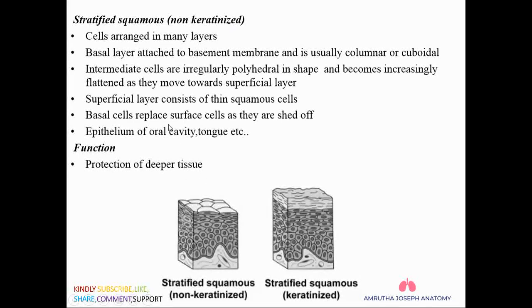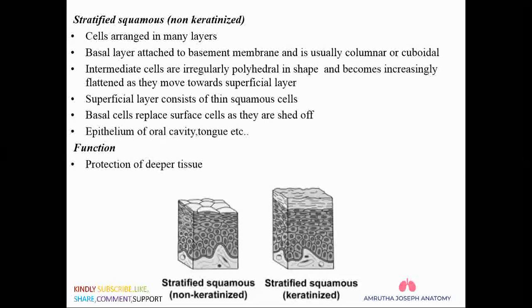So the function of the oral cavity, you eat food and that has to be chewed in the mouth, and then you are swallowing it. So there is going to be a continuous wear and tear, because the food that you eat is going to be placed here in the mouth, and the food is going to interact with the epithelium. So you're going to see a lot of interaction or wear and tear between the food and the epithelium.